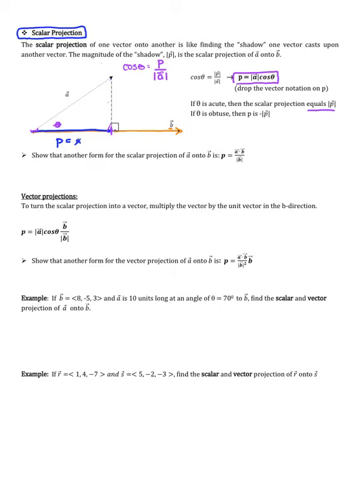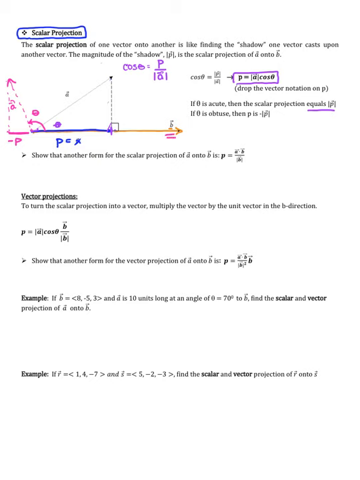But if theta were obtuse, so let's say A was coming out here, and this was theta, then if you drop a line perpendicular, notice that the scalar projection is going to be the opposite of P, because it's going in the opposite direction of our displacement vector.